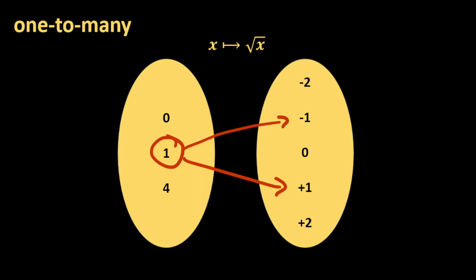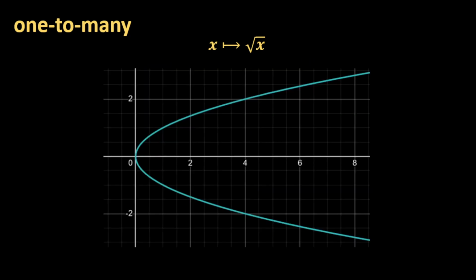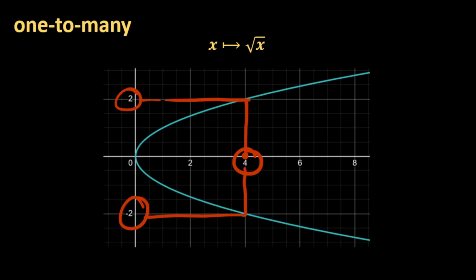So one input mapped onto many outputs, and so we call this a one-to-many mapping. And what's that going to look like on our graph? Well, let's say we were to take the input 4. That would get mapped onto +2 as well as -2. So we've got one input that goes to many, in this case, two outputs.